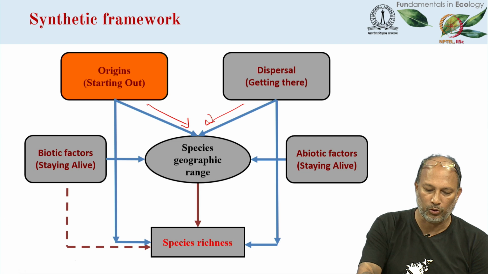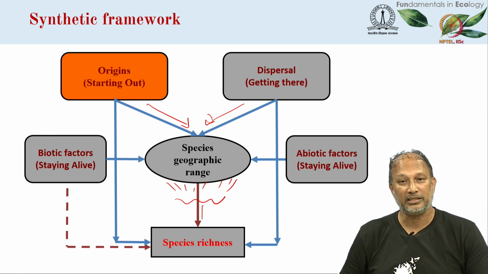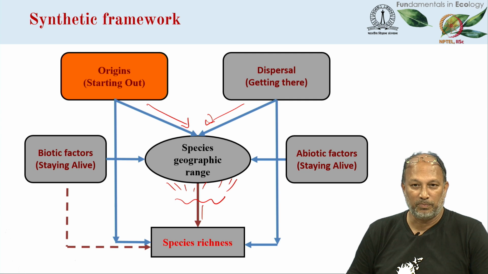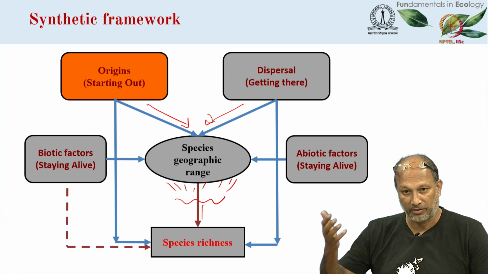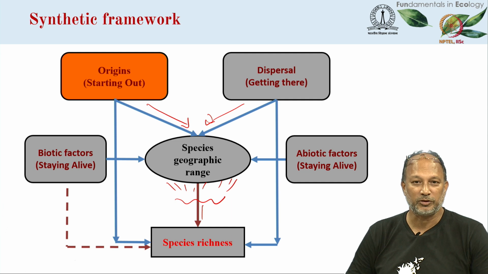And the sum total of many geographical ranges gives rise to these species richness patterns. And so these are the broad frameworks that we use, both evolutionary biogeographic, dispersal, and ecological, in order to get a better understanding of species diversity and distributions.